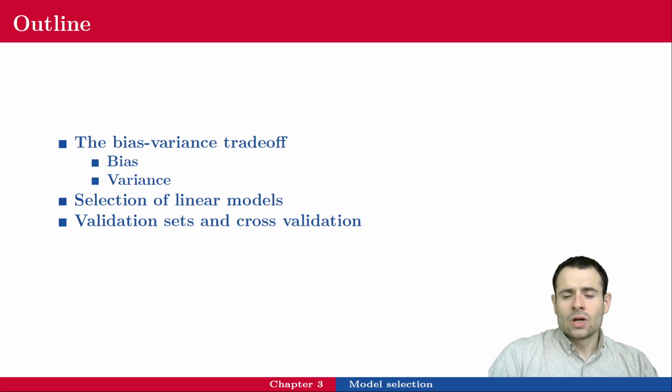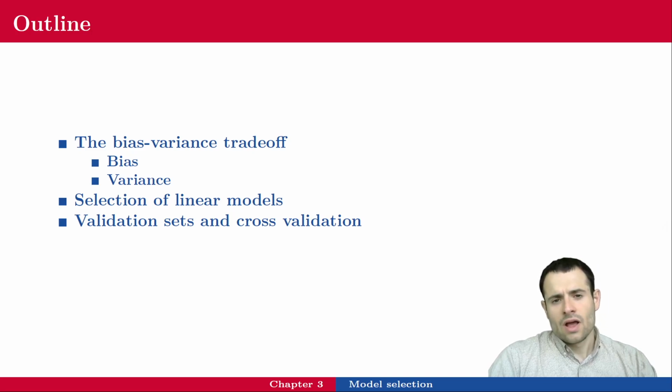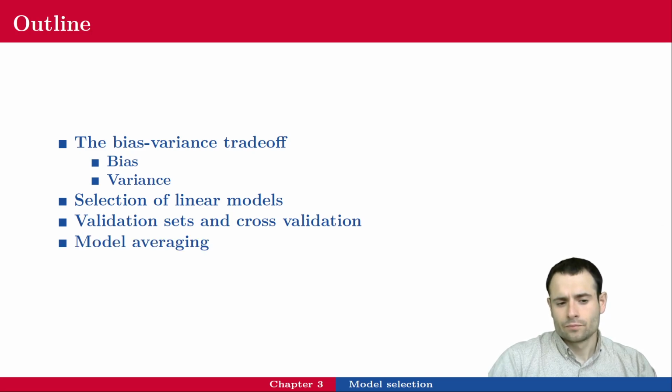After that, I will go over other types of model selection that can be used for all kinds of predictors, for all kinds of methods that predict some data. Finally, I will quickly talk about model averaging as another alternative to model selection, and I'll tell you about its appealing properties.